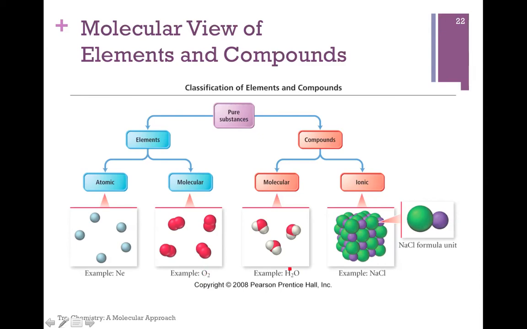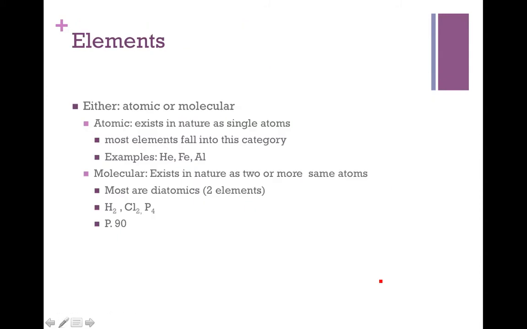This one's made up of two or more types of atoms. So there's a mixture of atoms there. And then compounds, you could also have ionic, which means you're going to have a metal with a non-metal. So the left side of the periodic table with the right side of the periodic table. And that's ionic. So let's look at some examples here.